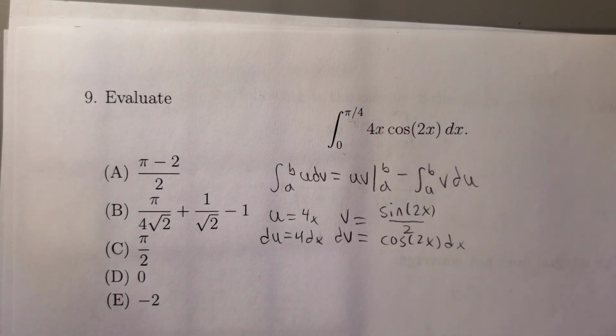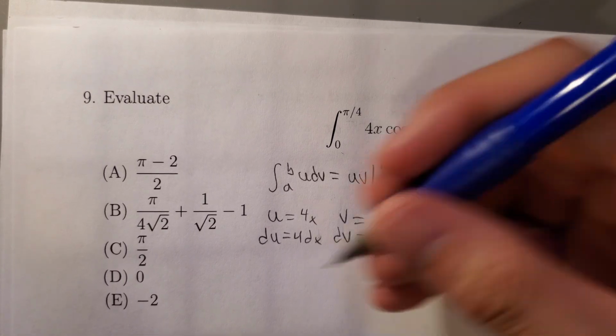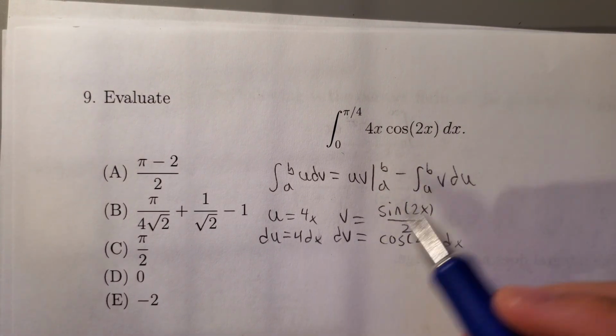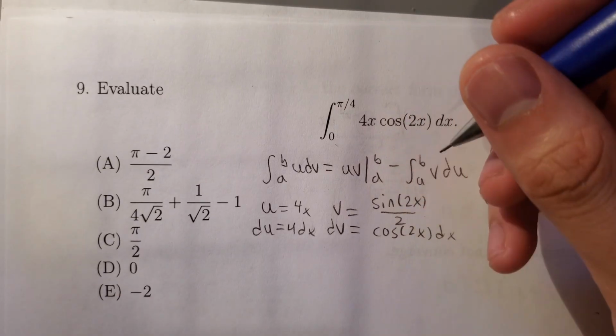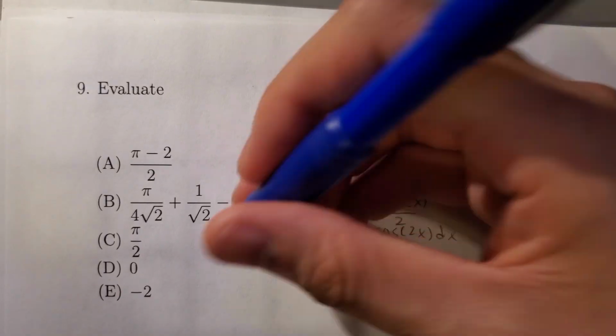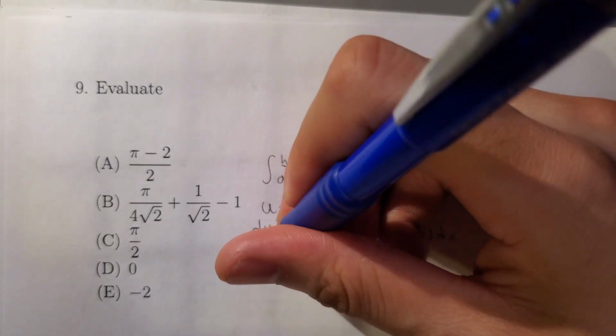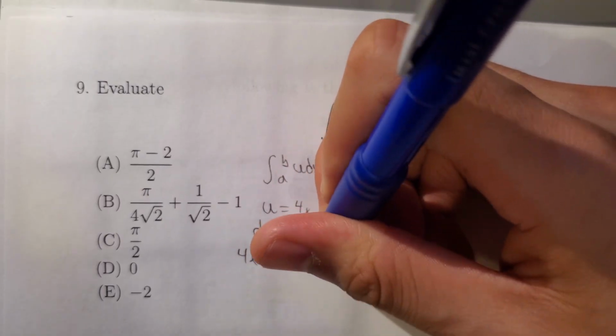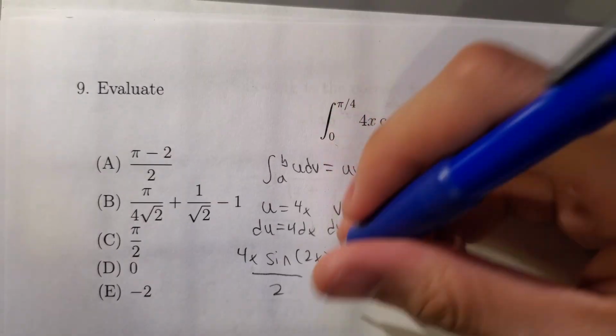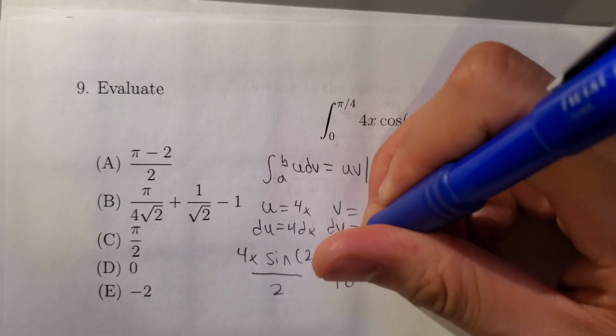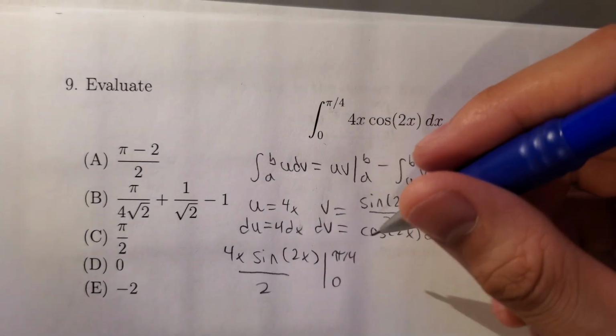There are situations where you can end up with a different answer if you wait until the very end to plug in the boundaries. So let's plug in what we have: u times v, minus the integral of v du, and we'll have 4x times sine of 2x over 2, evaluated from 0 to pi over 4.